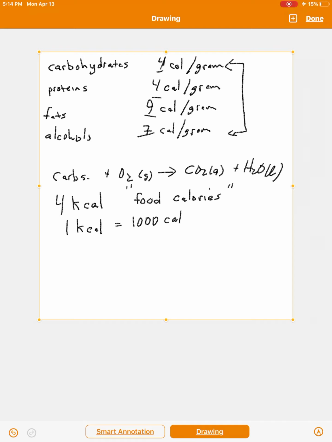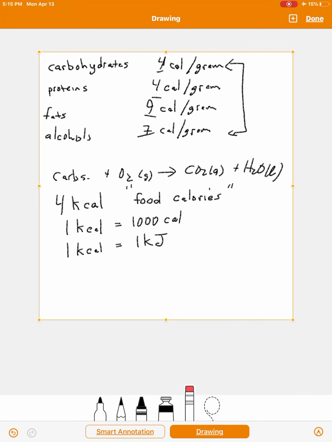And there is a conversion from calories to joules. One kilocalorie is equal to 4.184 kilojoules.